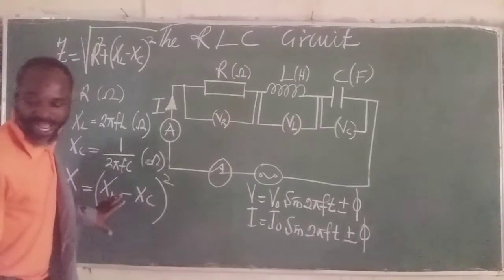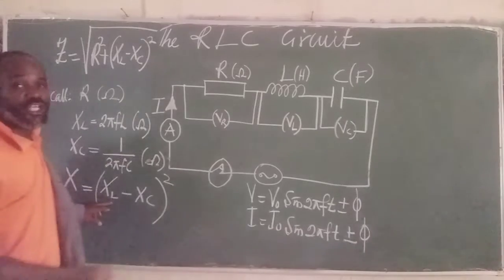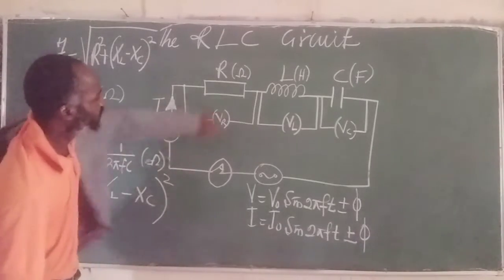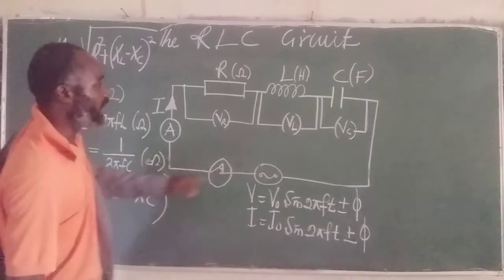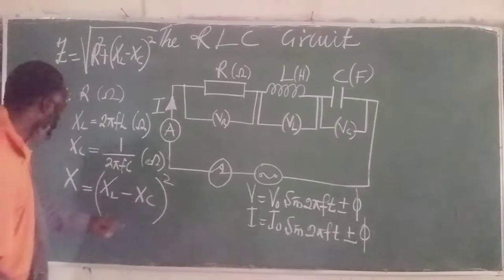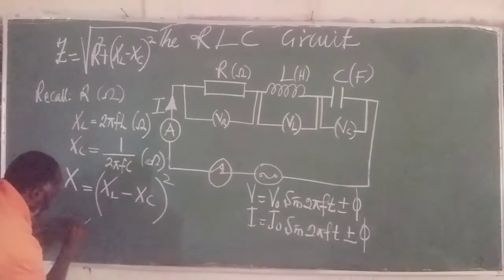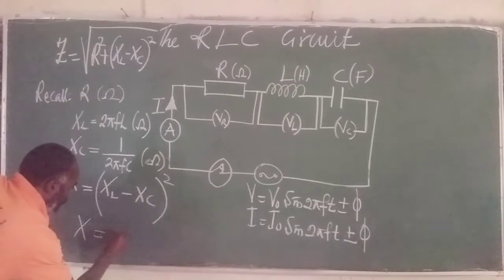By the time we substitute the value of the inductive reactance XL and the value of the capacitive reactance XC, this will give us a certain value which can be estimated.